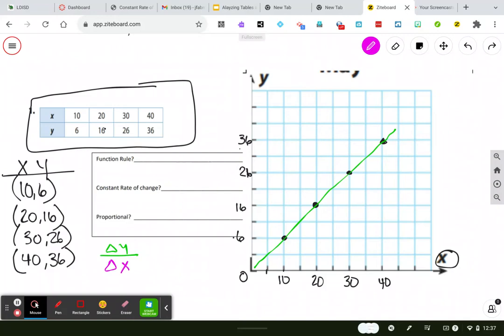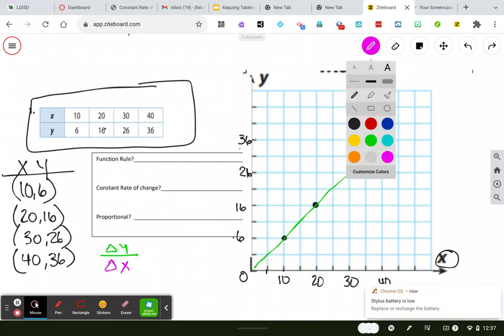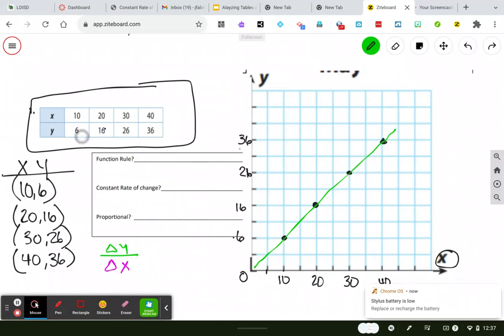So let's start with the change in the top number, which is the change in y. So what's happening with the y's from 6 to 16, from 6 to 26, and 6 to 36. Okay, this one's easy to see. But if you don't know, you're going to take the change of two of those numbers. So 16 minus 6. Well, that's increasing by 10.